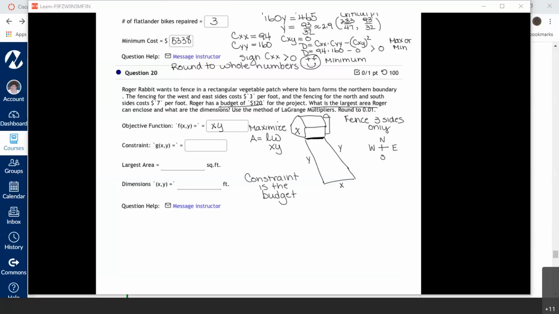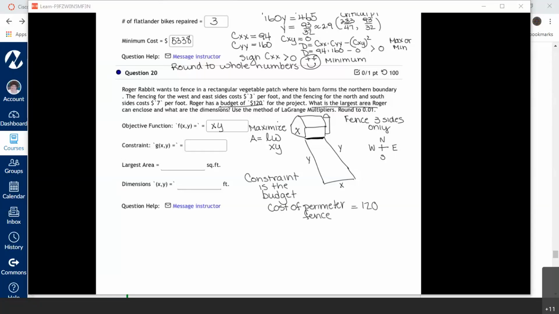The other thing you have to remember is, if you're putting a fence around an area, is the fence length related to the area? Well, yeah, in a way, but it's more related to the perimeter around whatever you're fencing in. So you have to basically say the cost of the perimeter fence has to equal 120.